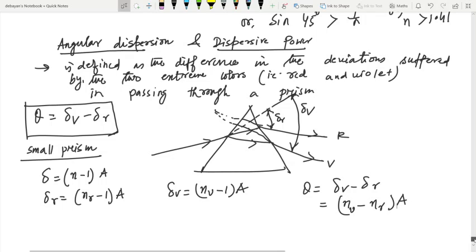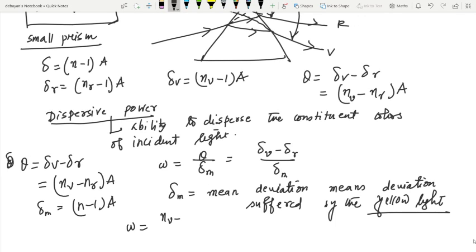And also we know that this theta can be written as delta v minus delta r, and also as (nv minus nr) into A. And the mean deviation is (n minus 1) into A. So if we put this, we get (nv minus nr) by (n minus 1) as the dispersive power.